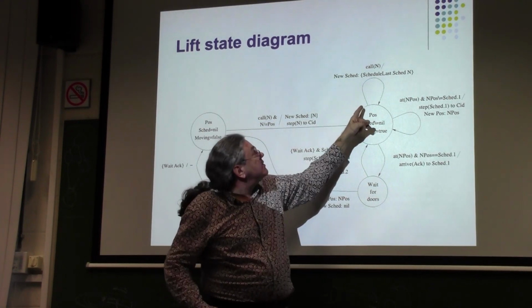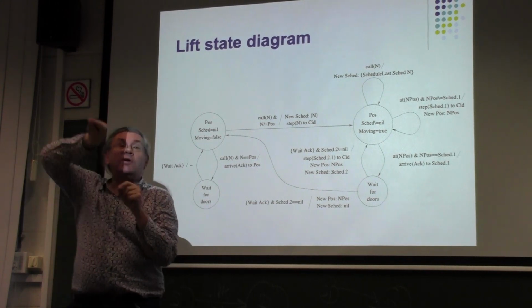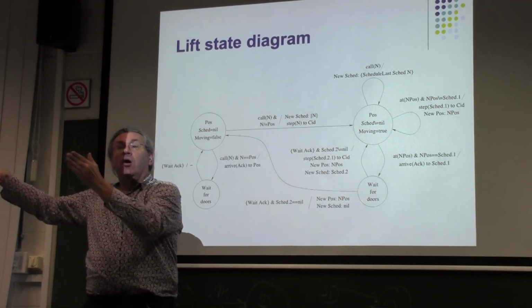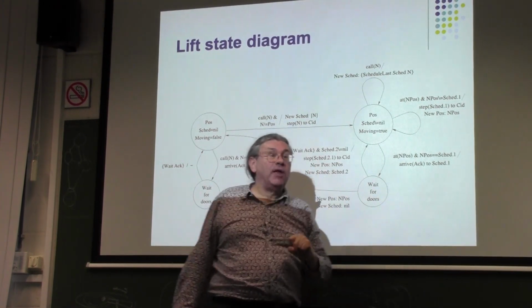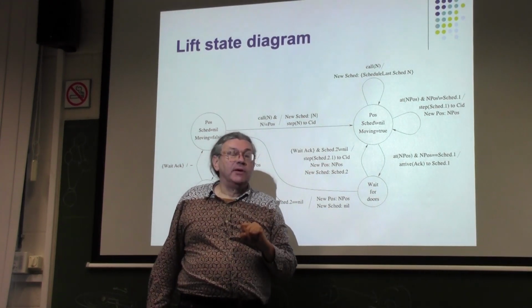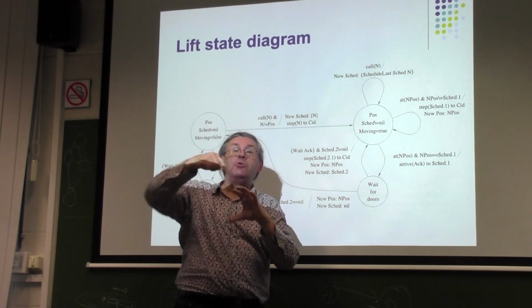But in this case, it will get to floor 30 because all the new requests are put at the end. It's actually behaving like a queue. But if it behaved like a stack, then you would have starvation. Because in a stack, the new ones are always put on the top.